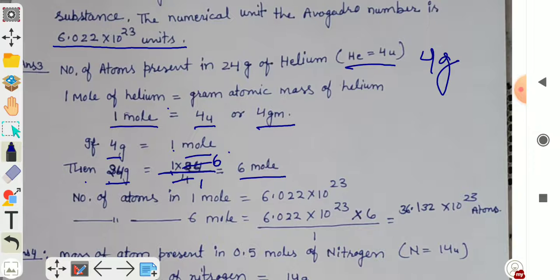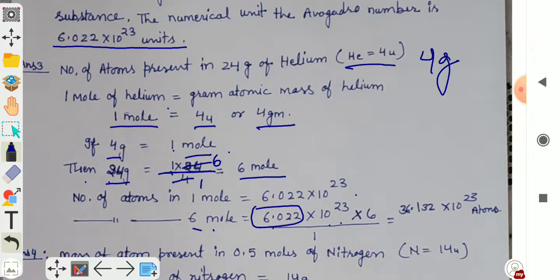If number of atoms in 1 mole equal to 6.022 into 10 raised to the power 23, then number of atoms in 6 mole, you will multiply 6.022 into 10 raised to the power 23 into 6. For multiplication, you have to multiply only this number to 6 and you have to write 10 raised to the power 23 as it is.